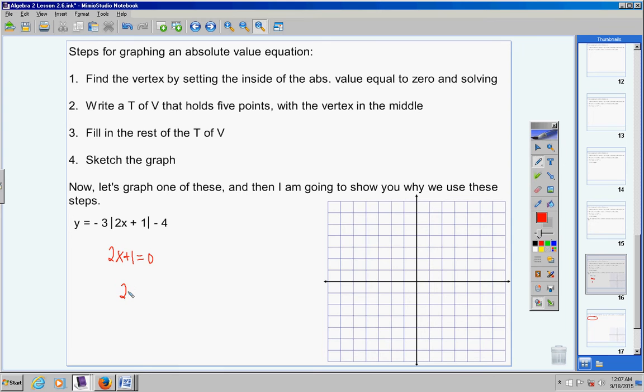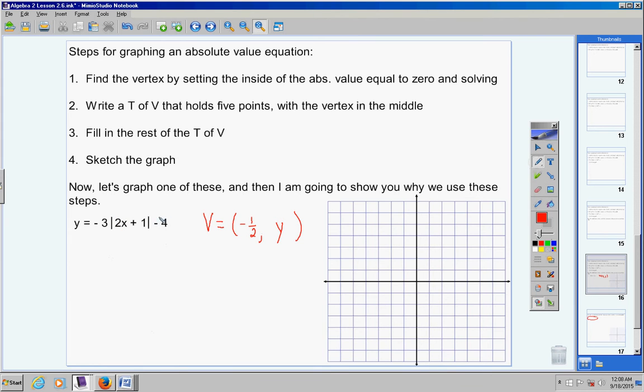Bring the 1 over and make it negative. Divide by 2, and look at that, you did it. You took the inside of the absolute value, you set it equal to 0, and you solved. So easy, guys. So the vertex is negative 1/2, the x value. Now all that we have to do is find the y value, correct? Well, I've taught you how to do that.